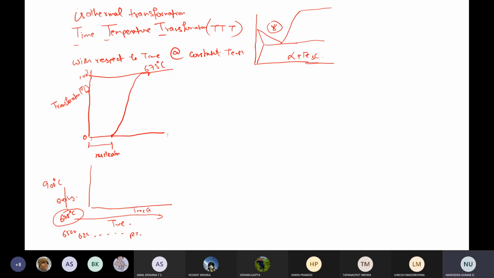time, seconds, and this being temperature.